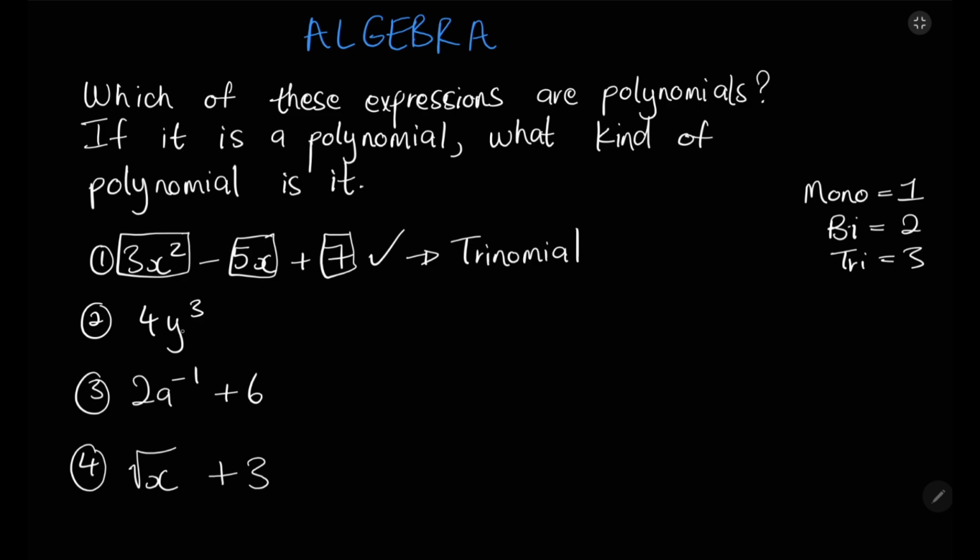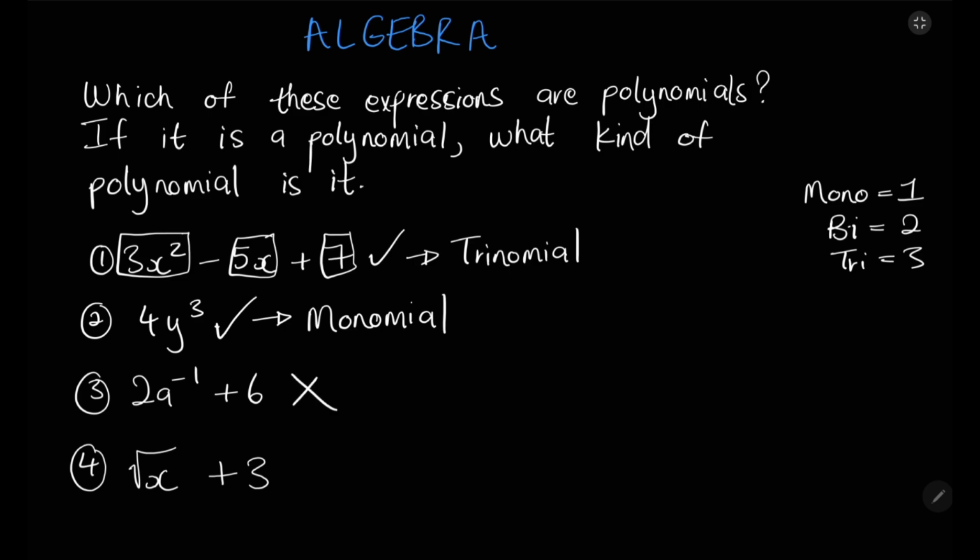Number 2, we have 4y to the power 3. Is this a polynomial? Yes, because there's no negative number or exponent. What kind of polynomial is it? It is a monomial because it has 1 term. Number 3, we have 2a to the power negative 1 plus 6. Is this a polynomial?